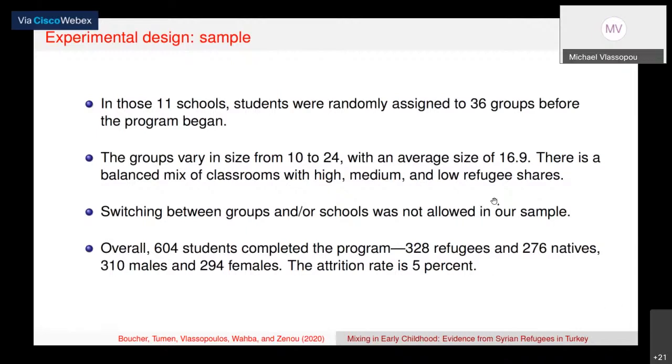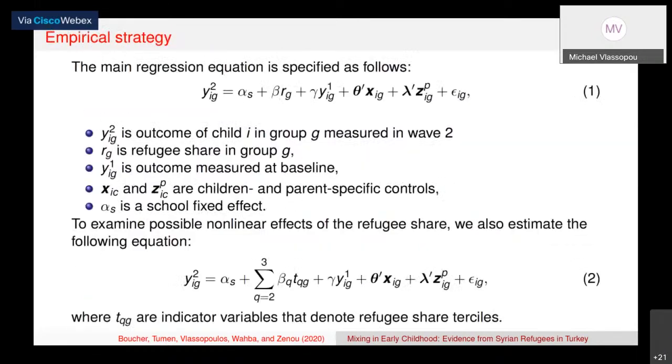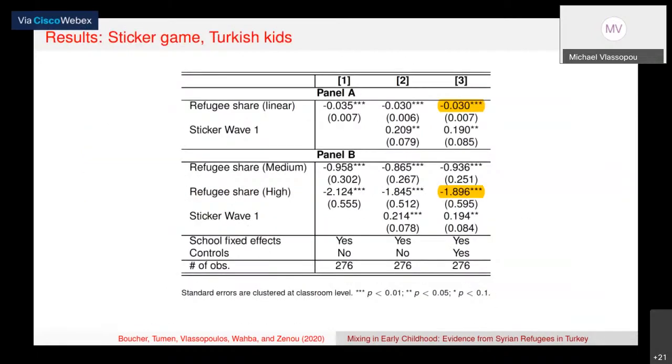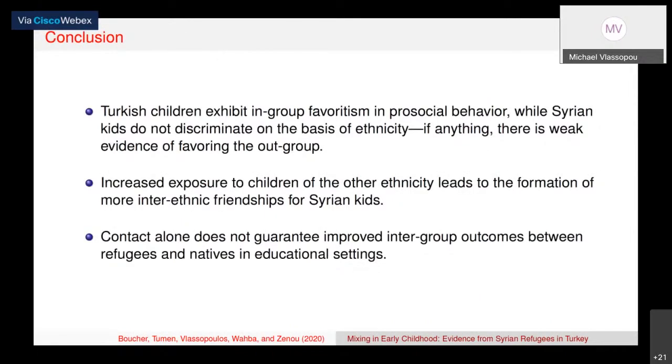We have overall about 600 students, split half between Turkish and Syrian kids. We collect data twice, at the beginning and the end of the program. As I'm running out of time, I'll skip the details of the analysis and just recap what we find. I think I've given a flavor of what we do.